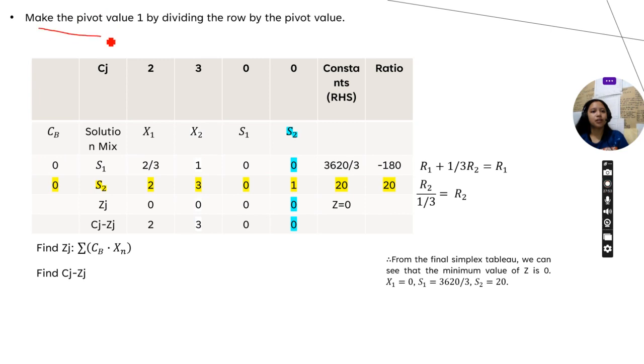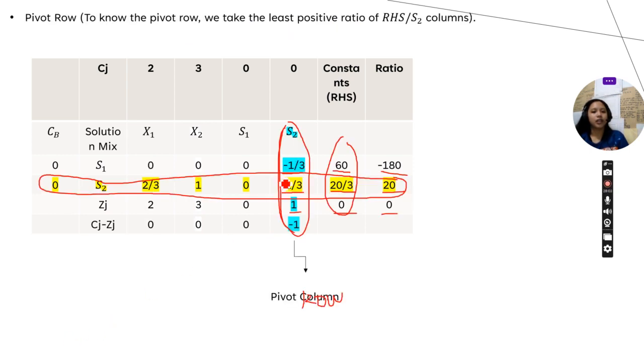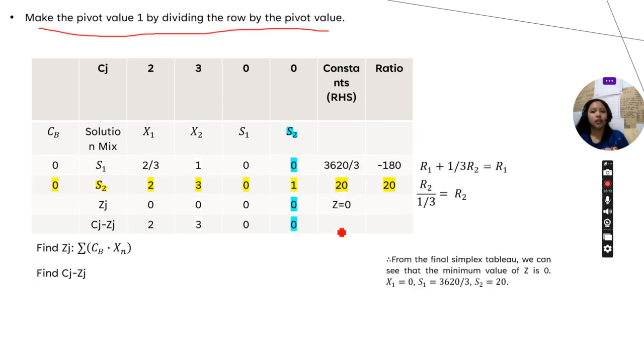The next step is make the pivot value 1 by dividing the row by the pivot value. So our pivot value here is this. To make this 1, we should divide it by 1/3 here.